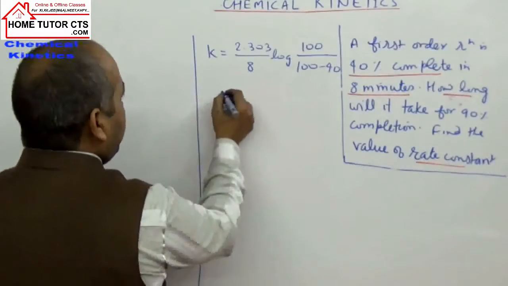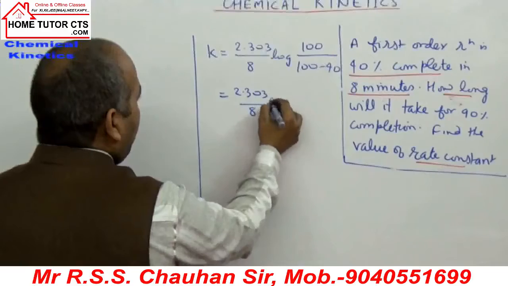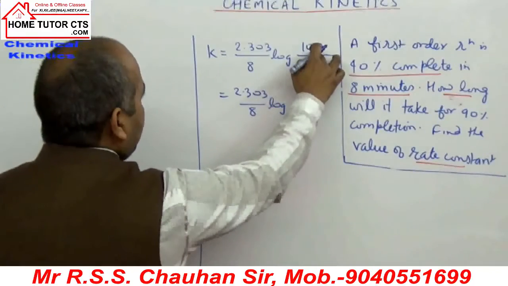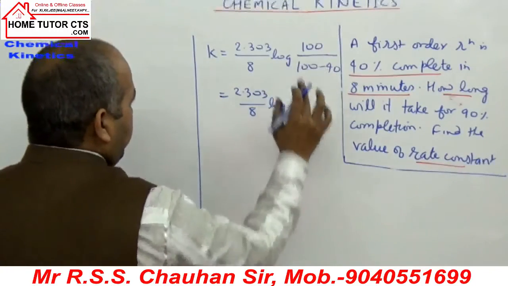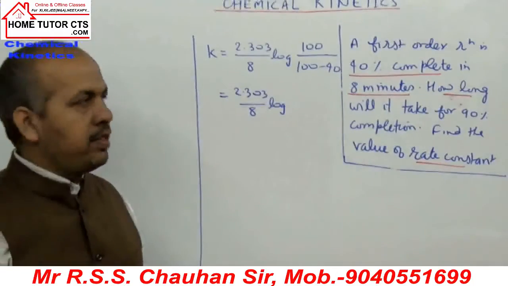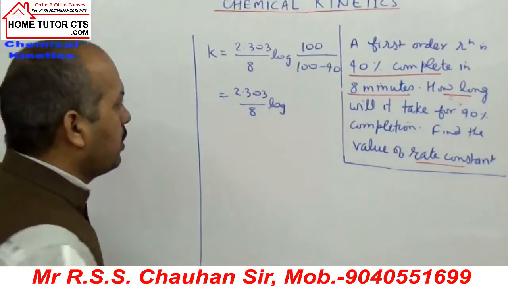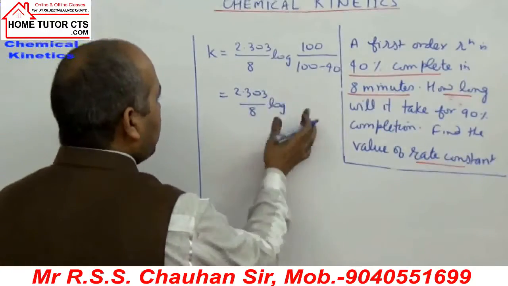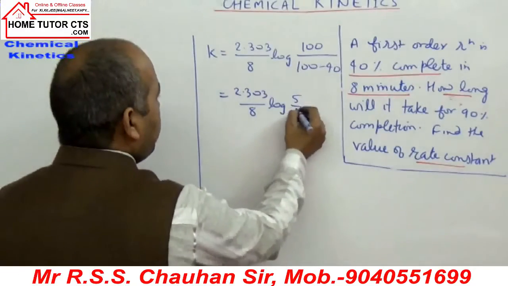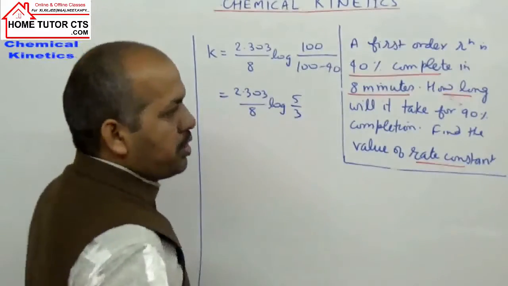From here you can find out K. What is the value of K on solving? 2.303 by 8 log of 100 by 60, that is 5 by 3. Log 5 can be taken roughly as 0.7 and log 3 as 0.4771. Solving that way, we find the value after calculation of 5 by 3, and then you get the answer for the rate constant.